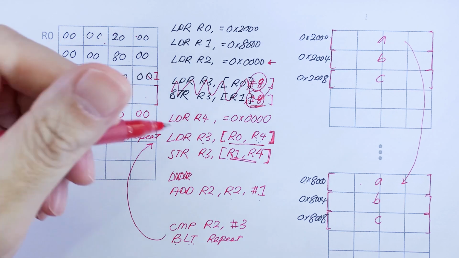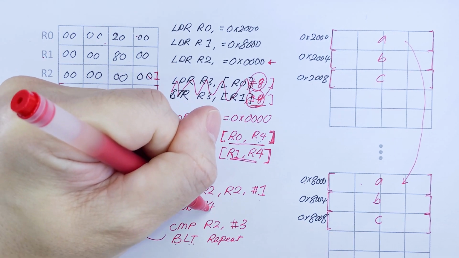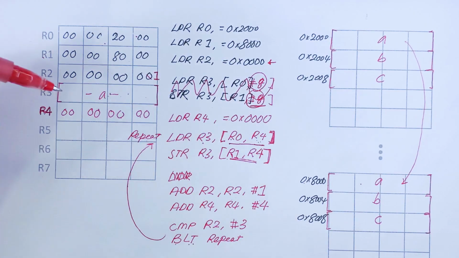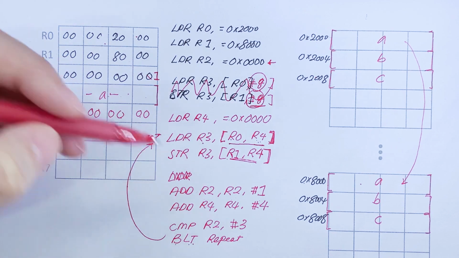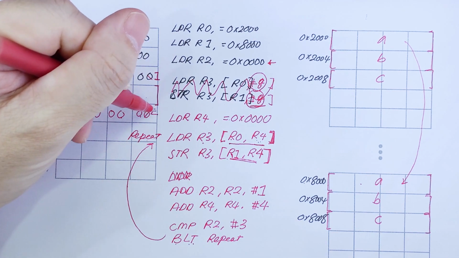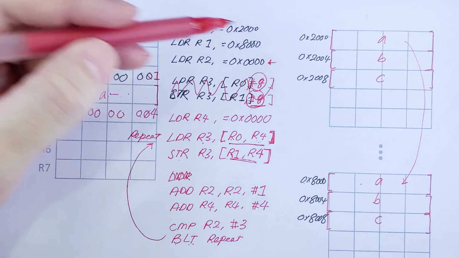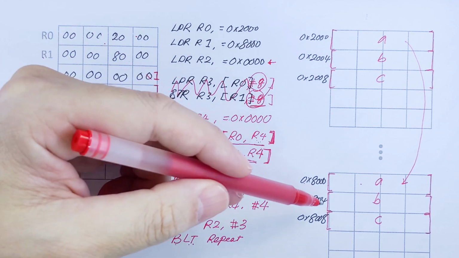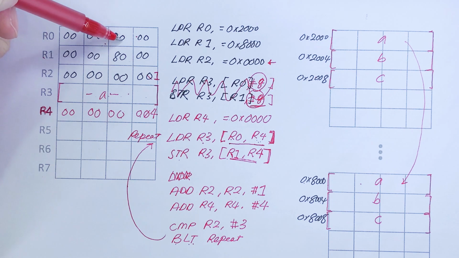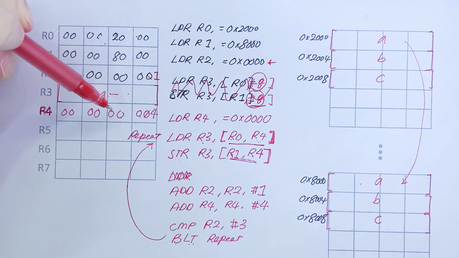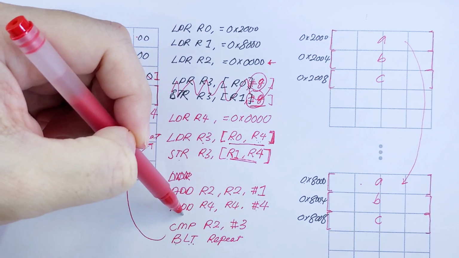Well, as you might guess, we have to add to our register 4, so that every time we finish the loop, R4 will increase from 0 to 4. So the next time we try to load from the memory to the register, or store from register 3 back to the memory, instead of 2000 plus 0, we have R0 as 2000 but R4 has increased by 4, as we did in the add instruction.